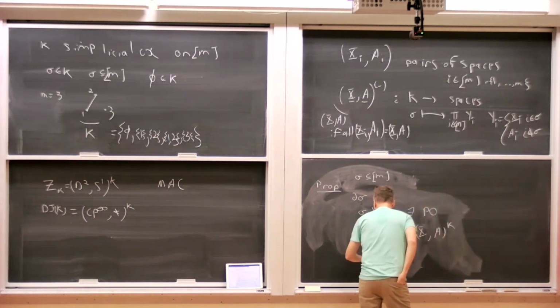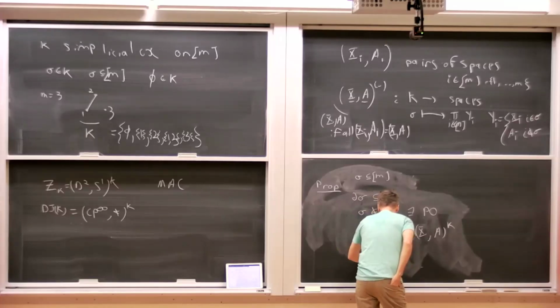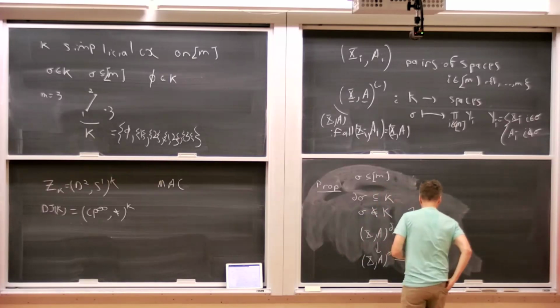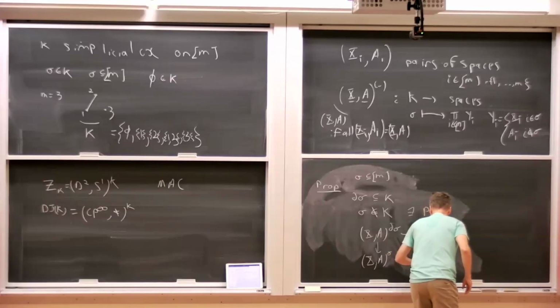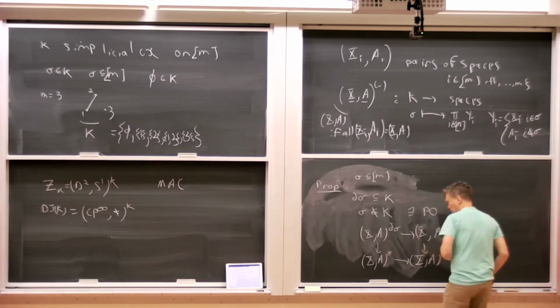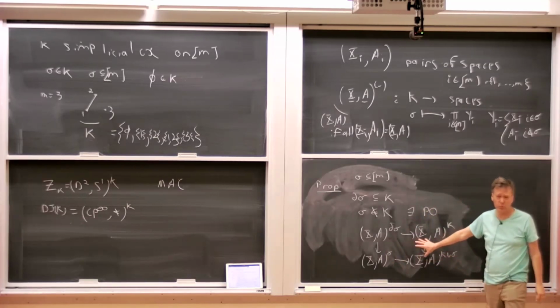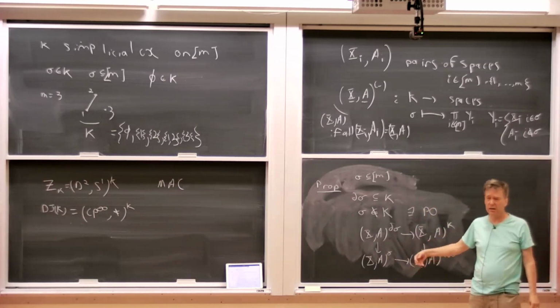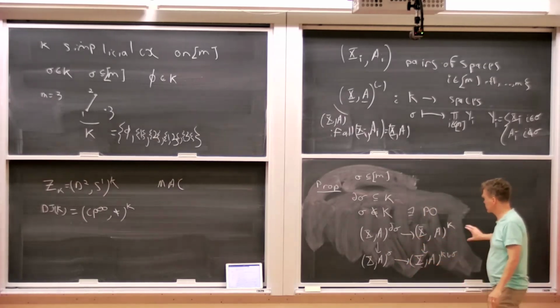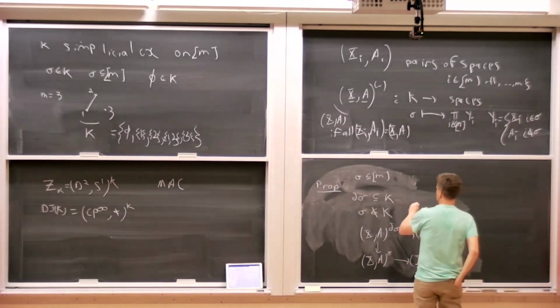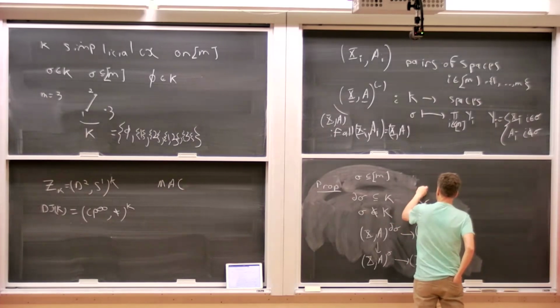And then you can also include this into (X, A)^sigma, and then you can include this into (X, A)^(K union sigma). Okay, so this is the key pushout that we're going to be using over and over again in the talk. And this is a pushout, but it's also actually a homotopy pushout.